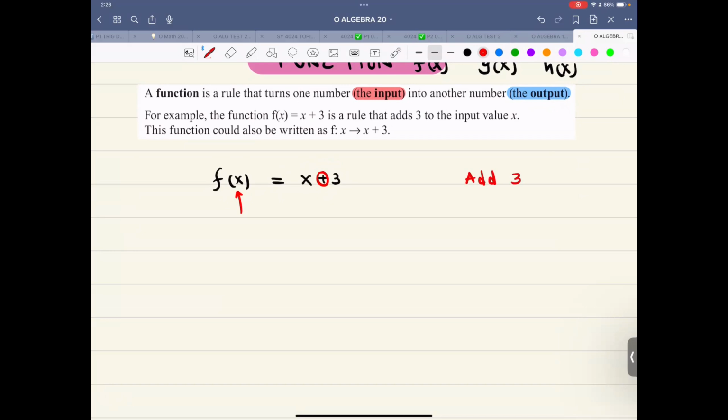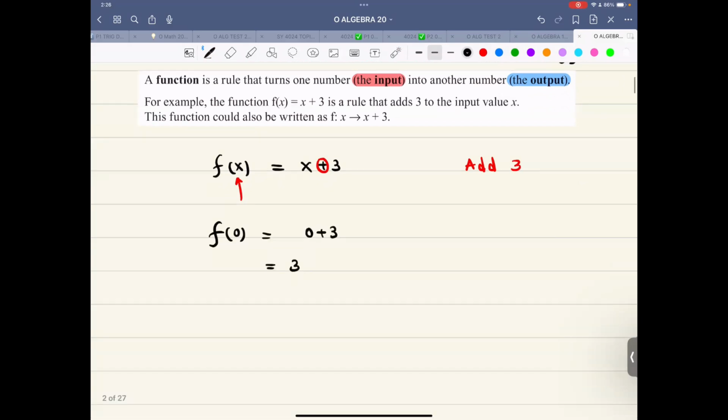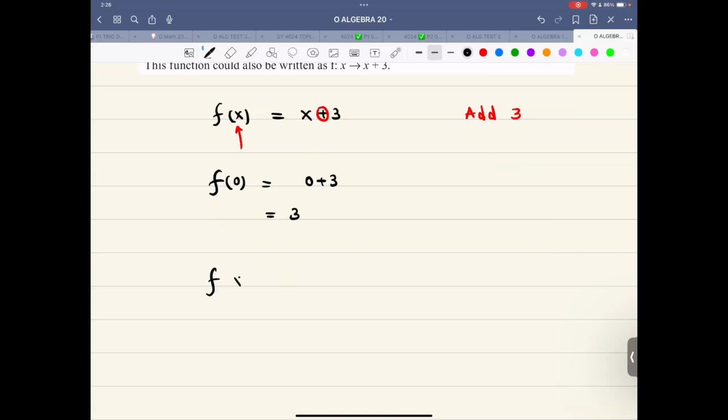So if I plug in 0, then 0 plus 3 turns to 3. Using the same function, if I plug in 4, then 4 plus 3 comes out to be 7.